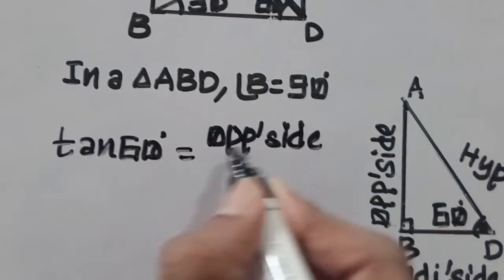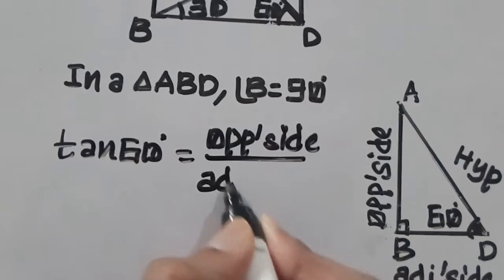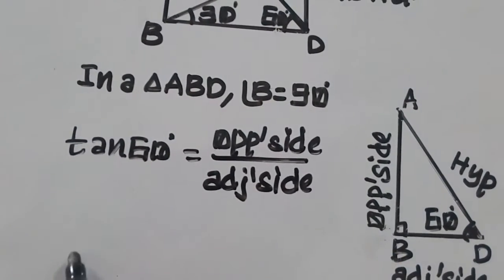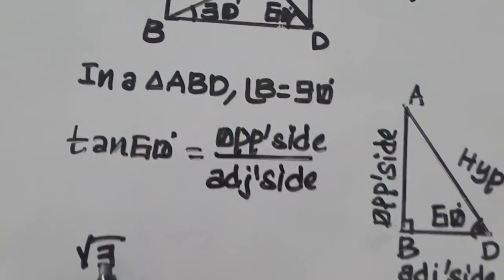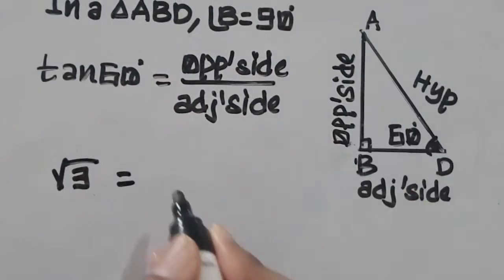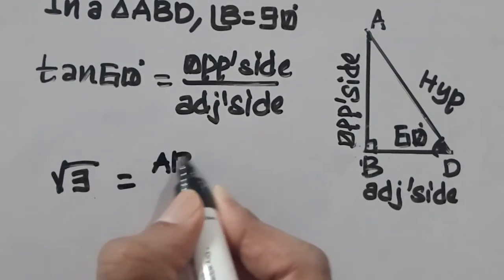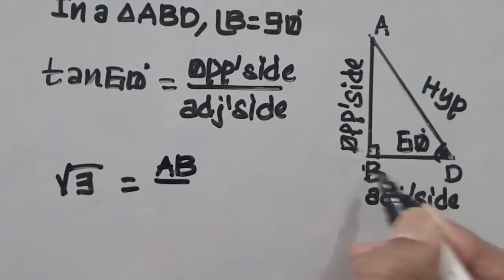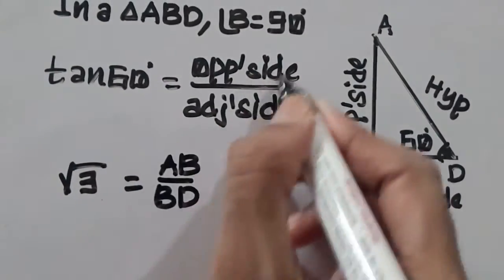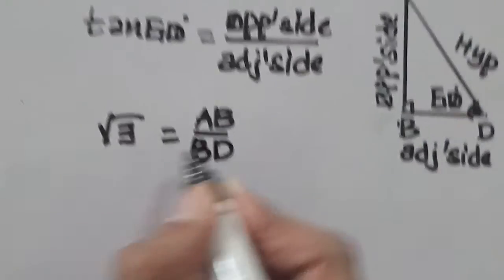Tan 60 degrees is equal to root 3, where the opposite side is AB, the height of the building, and the adjacent side is the distance BD.